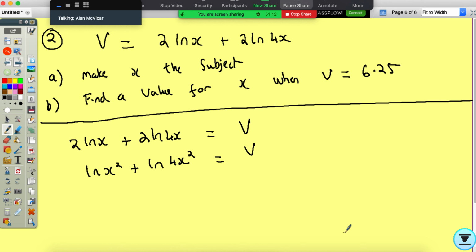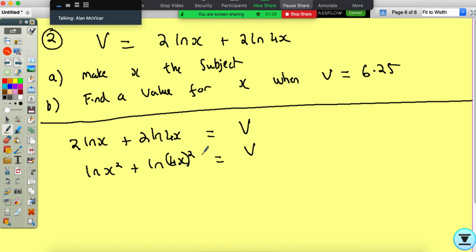Why is that wrong? Not 2 times 4, but you're close. It's 4 squared as well. So you need to put it in a bracket like that. Perfect, yeah. So watch that. If you're moving something from the front and making it a power, and it is a number as well as a letter, you need to square the number and square the letter.